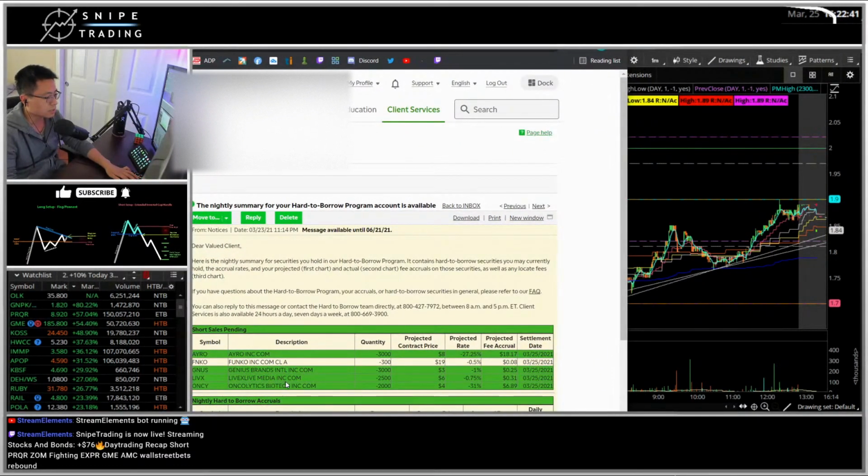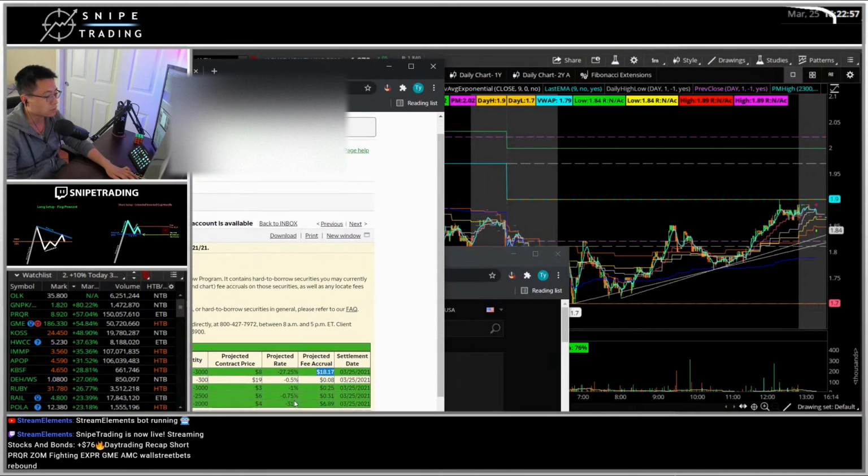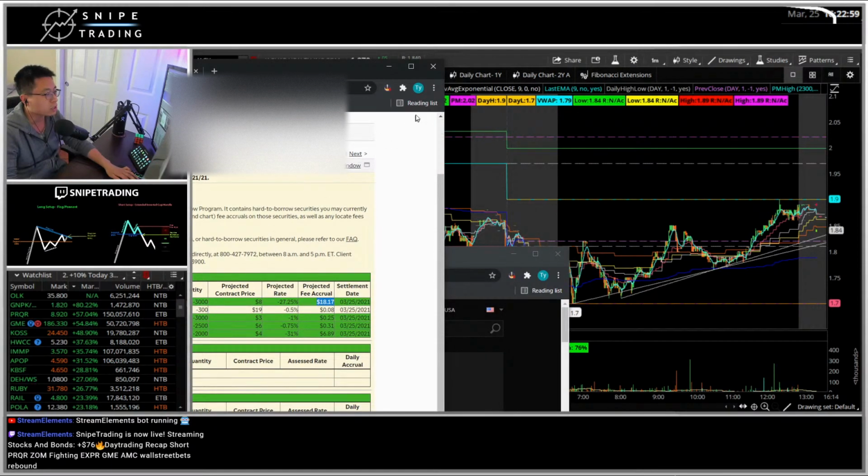You can see in the hard to borrow program, I shorted ONCY and AYRO. AYRO was actually expensive, I located 3,000 shares, and it cost $18 there. So those are the borrow nightly recaps that I get in the evening.